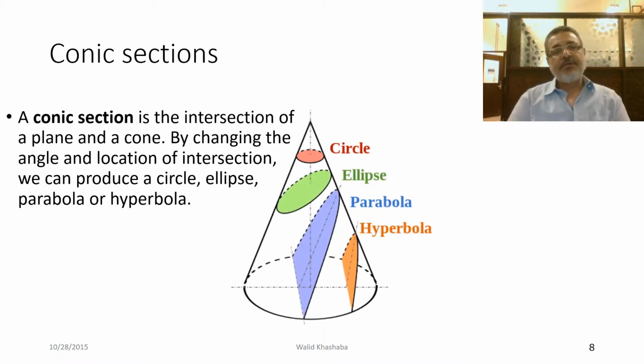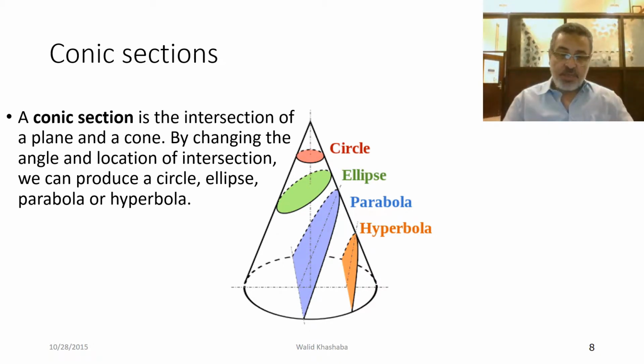Well, here we have another type, the general form of the conic section. You know, the intersection between a cone and a plane, that's why we call them conic sections.